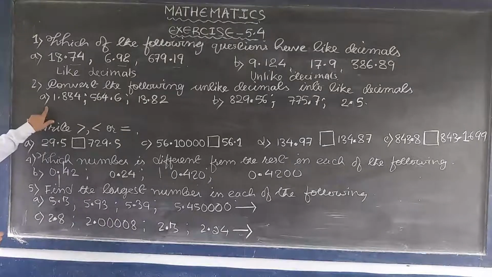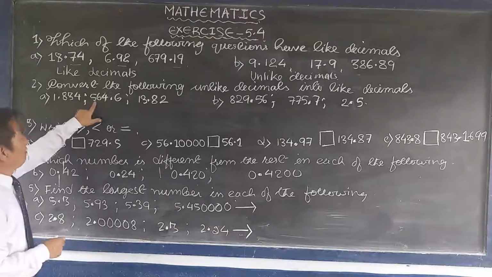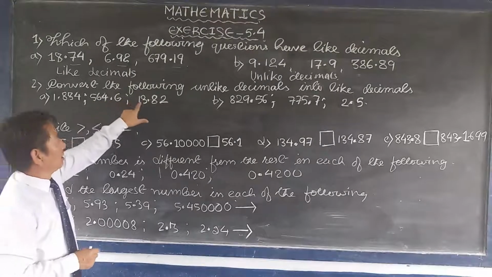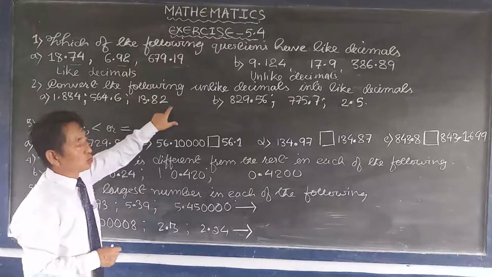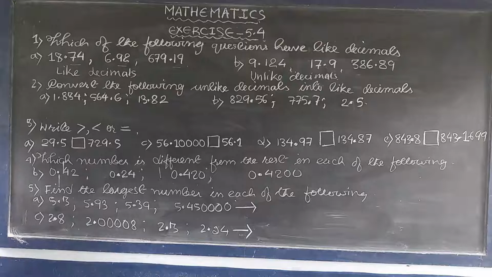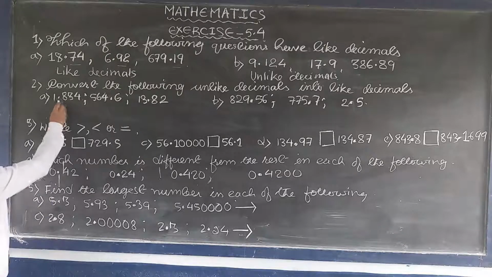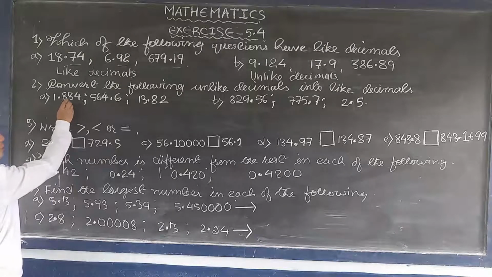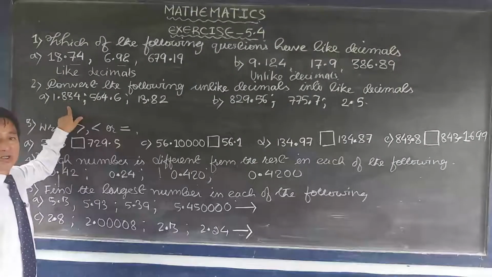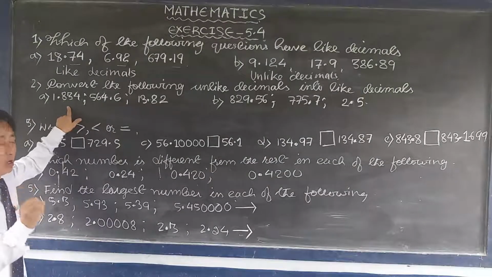Now A here: 1.834, 564.6, 13.82. The number 1.834 has the greatest number of decimal places. After the decimal, 3 digits: 1, 2, 3.